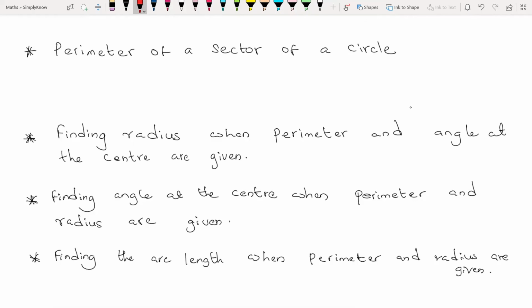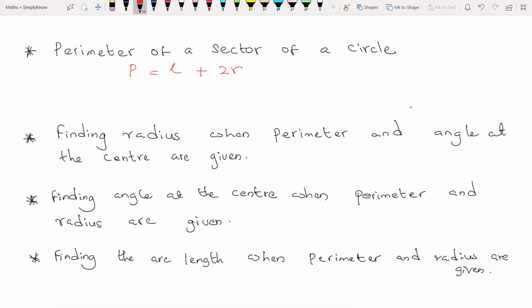Okay, let me give you a quick summary of what we covered in this video. We learned how to find perimeter of a sector of a circle. So we have basically two formulas. Perimeter equals arc length plus twice the radius.